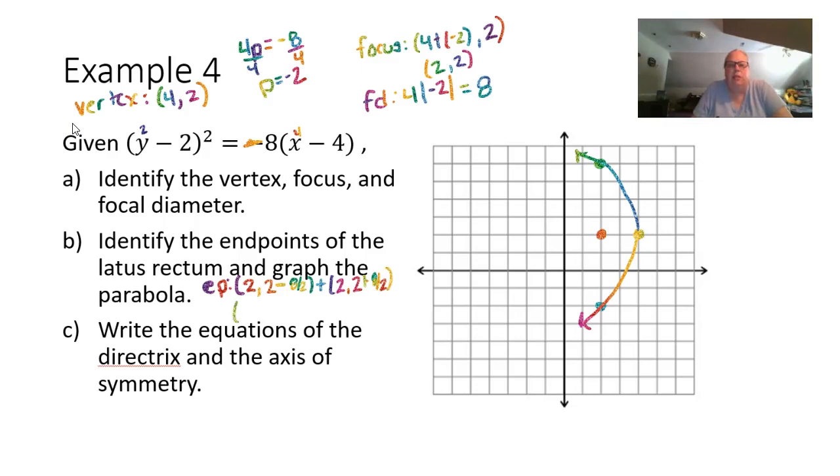So that's going to give us positive 2 and negative 2. That's this point right here. And it's going to give us positive 2 and positive 6. And that is this point right up here.